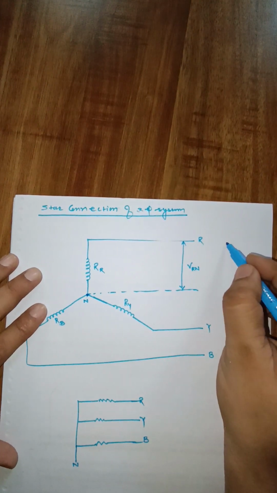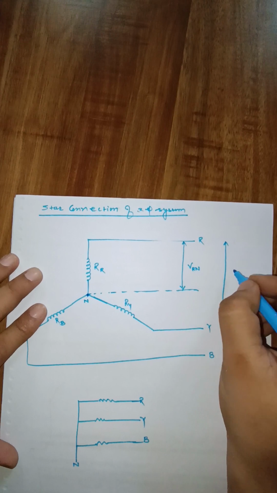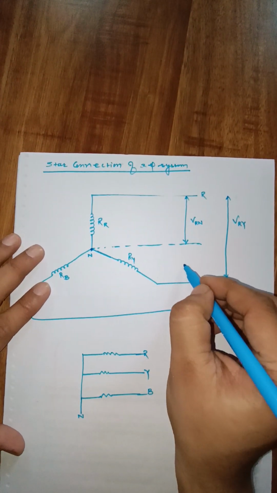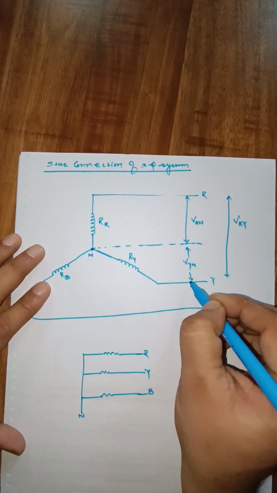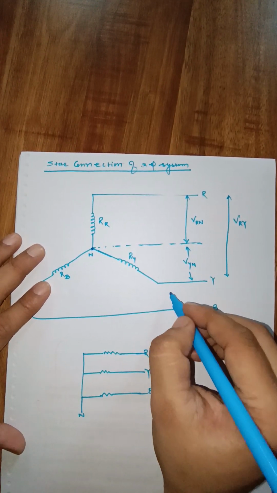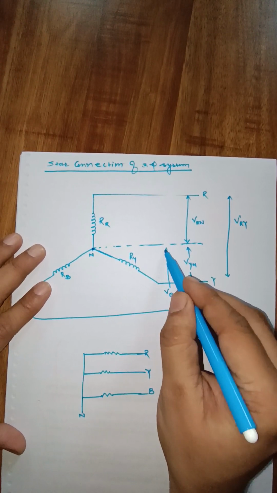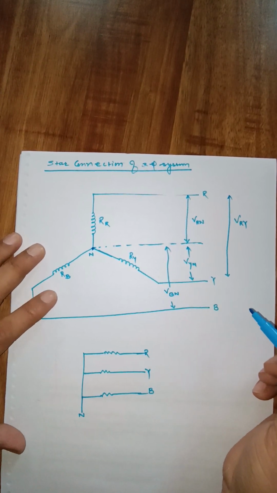The voltage between these two lines, line R and line Y, is termed as VRY. Similarly, this voltage will be VYN, voltage between Y phase and neutral, and this will be VBN, voltage between B phase and neutral. Clear?